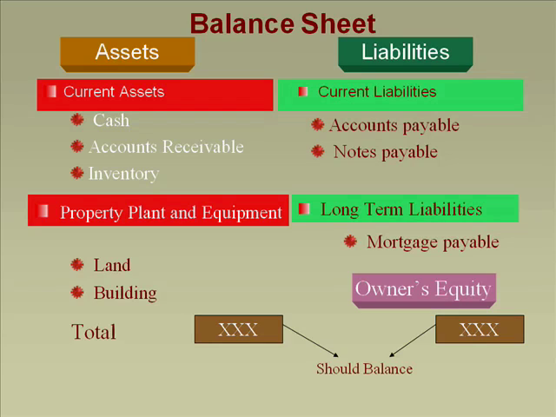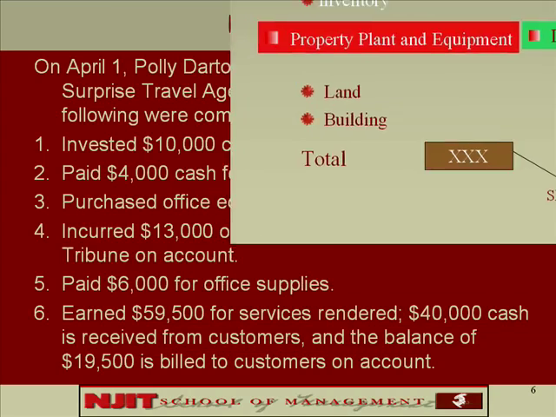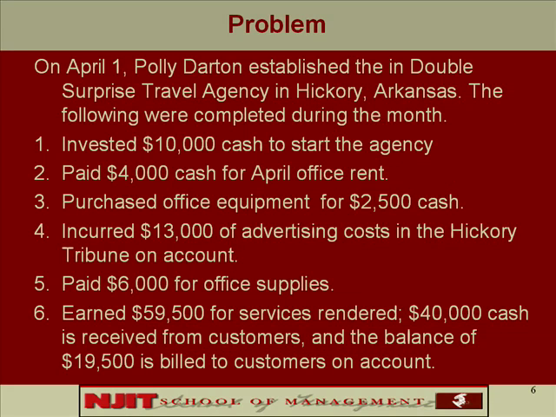Now, let's look at the following exercise. What I'd like you to do is print this out and have it in front of you. On April 1, Polly Darton established the Double Surprise Travel Agency in Hickory, Arkansas.